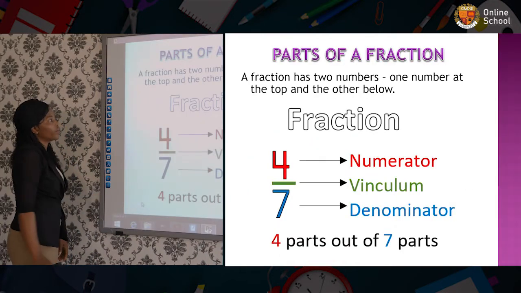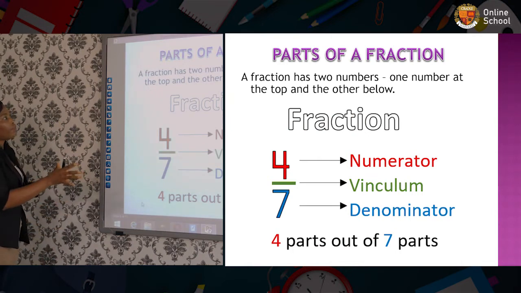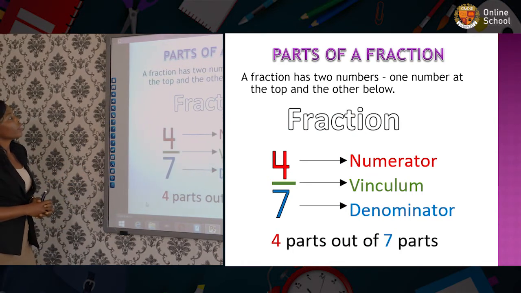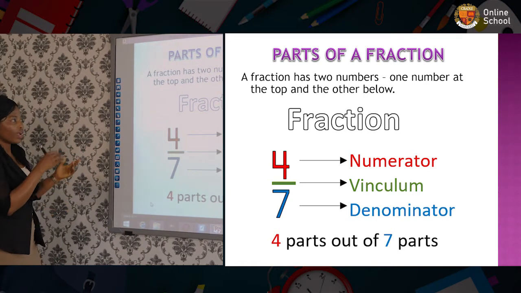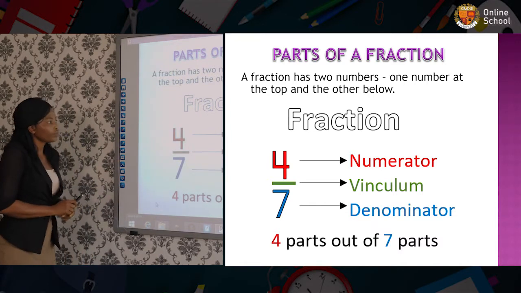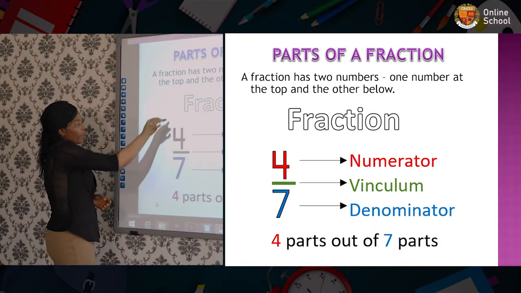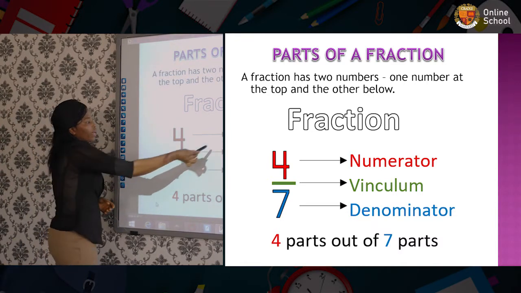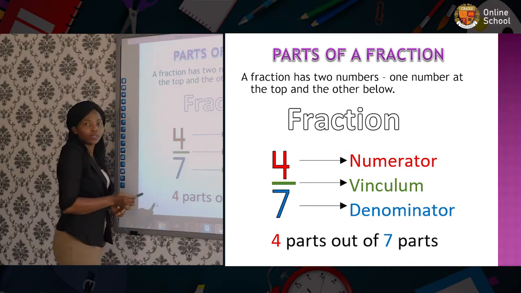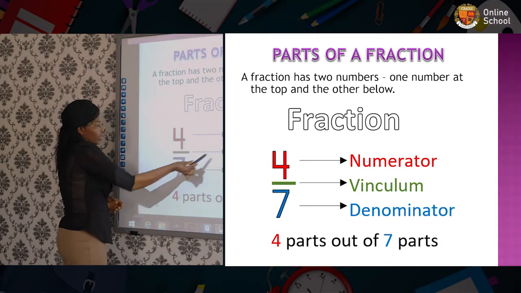Okay, let's move on. Now let's look at the parts of a fraction. A fraction has 2 numbers, as I said earlier, 1 number at the top and the other below. The up number is called the numerator, while the dash can be called the vinculum.